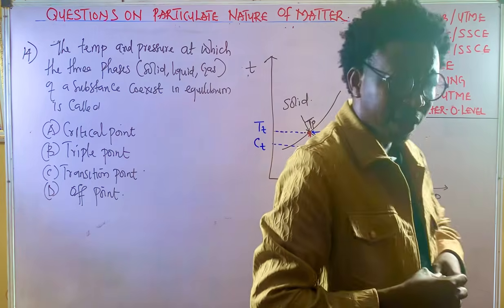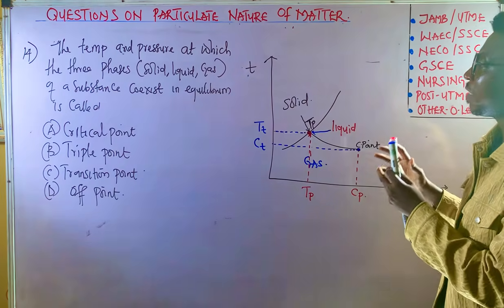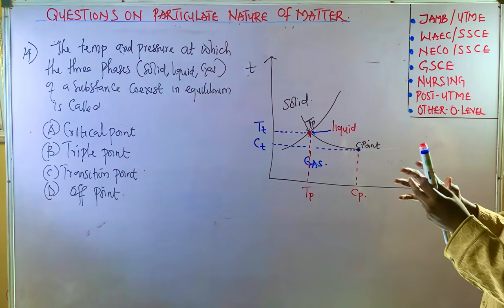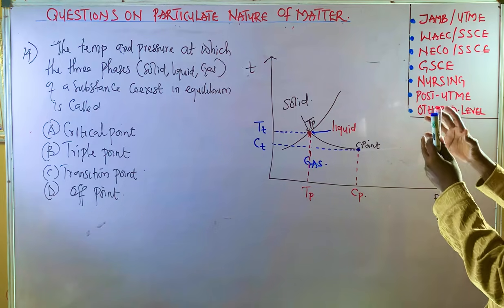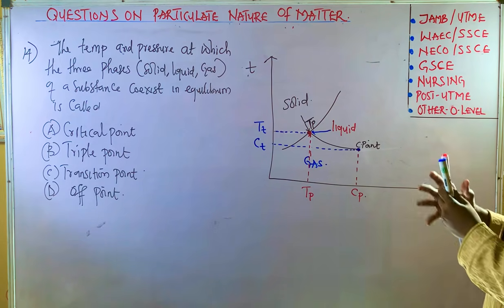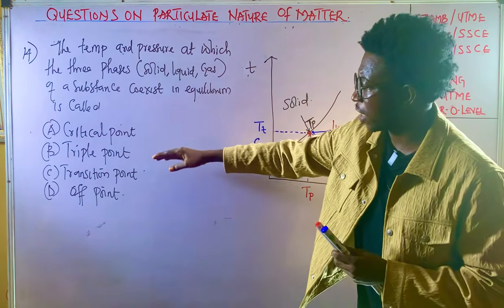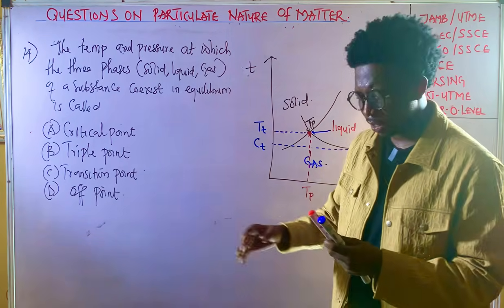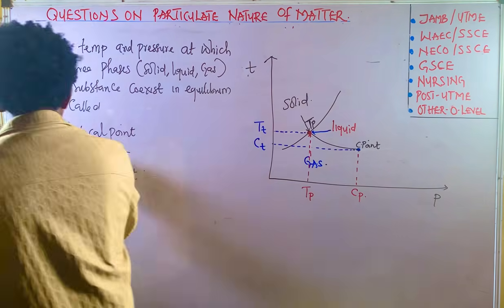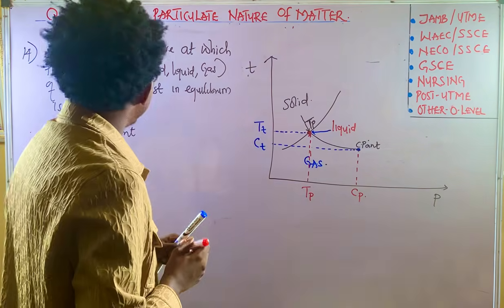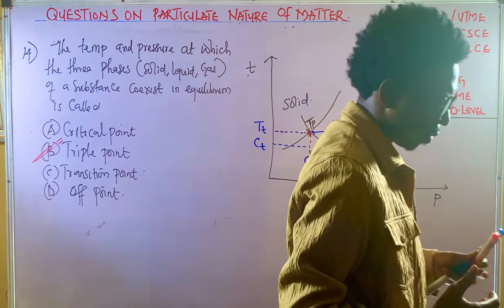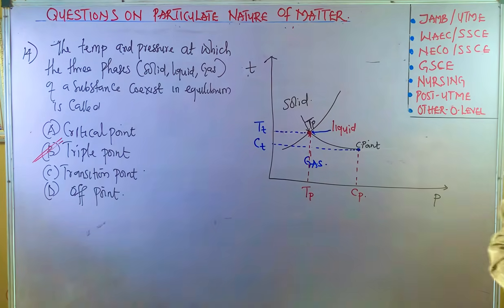So water can exist at its triple point, that means where the solid, gas, and liquid states of water coexist. So the answer is not critical point, not transition point, not off point. The answer is triple point. Triple point is the temperature and pressure at which the three phases of a substance coexist in equilibrium.